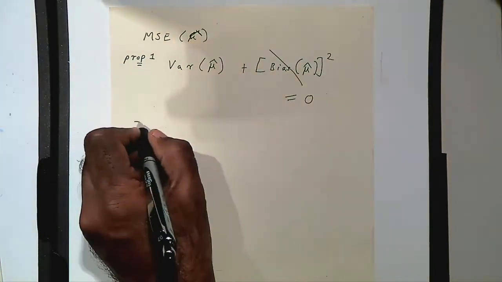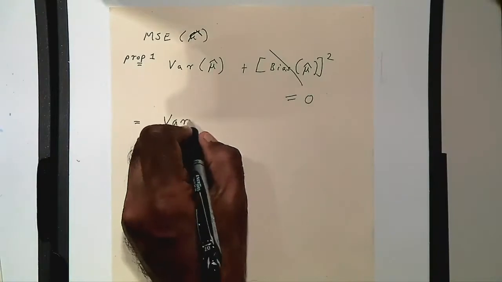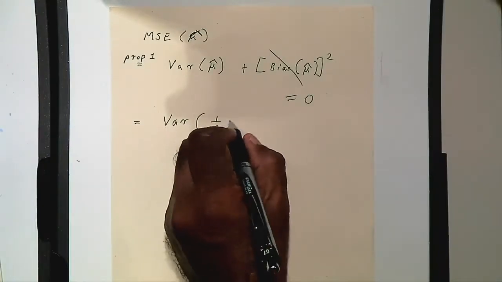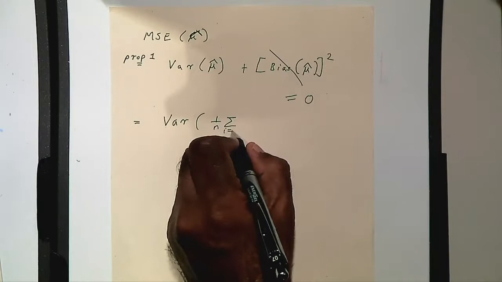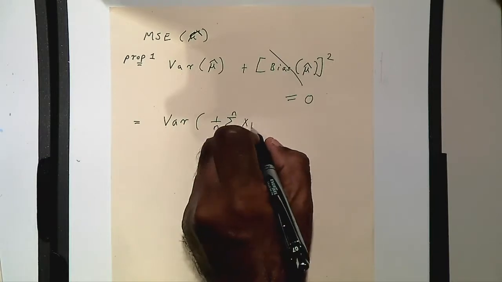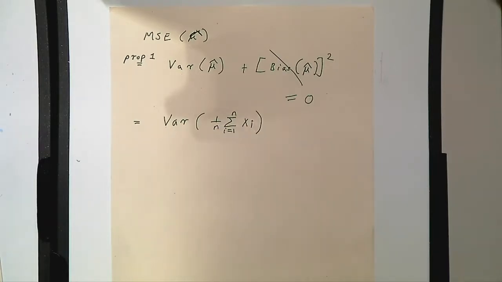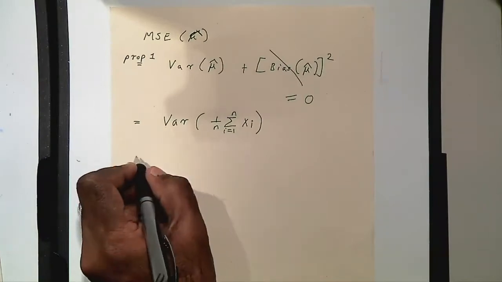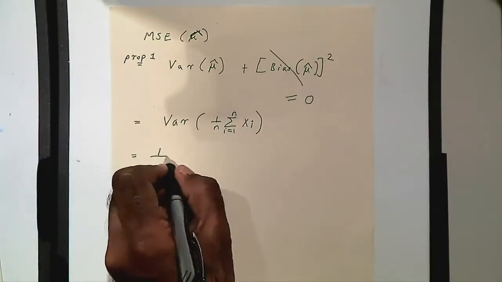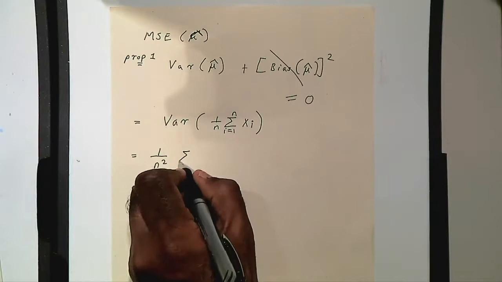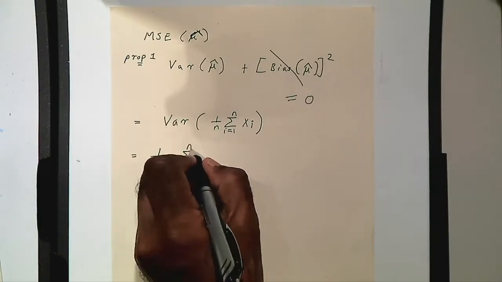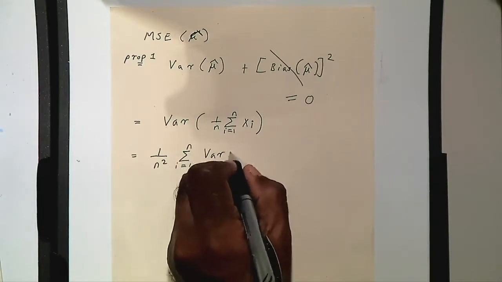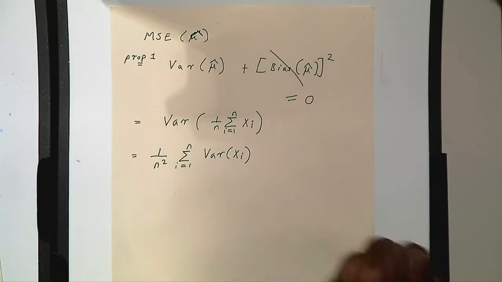So what we have is the variance of 1 over n times the sum of xi. Okay? Now if you take the variance inside the brackets, you will see this. Remember, when you pull a constant outside the variance, you need to square it.